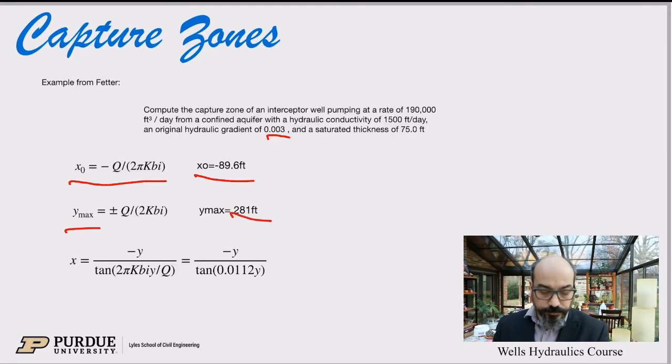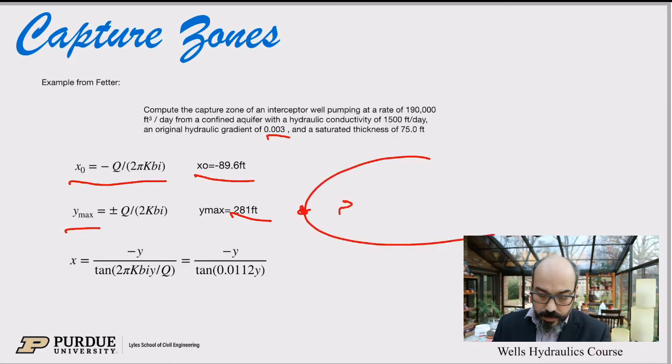Ymax will be 280 feet, Ymax being the maximum half width of the plume, if you will. If this is your well, this is x0, and this is Ymax.